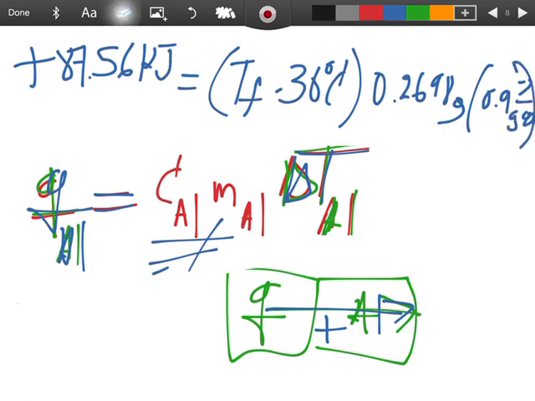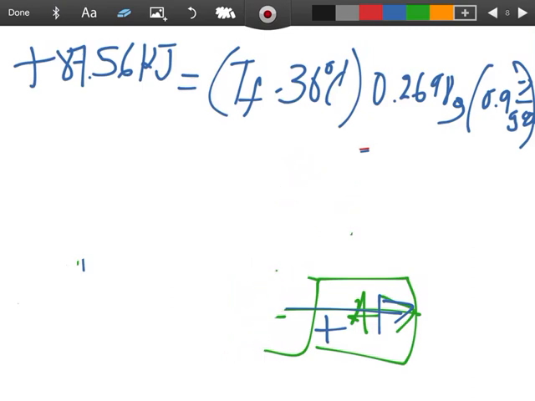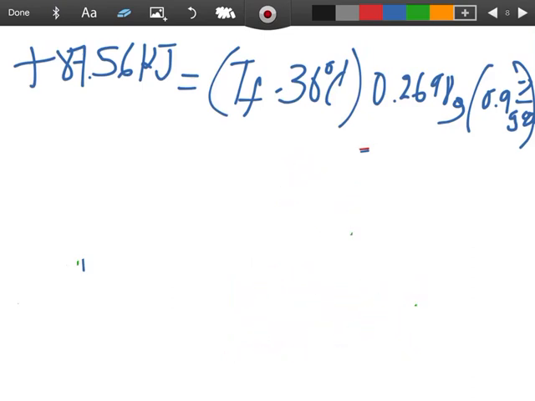Very well. So let's erase this part. Excellent. And it's pretty simple, right? The only thing that we need to do now is to clear this unknown from our equation.